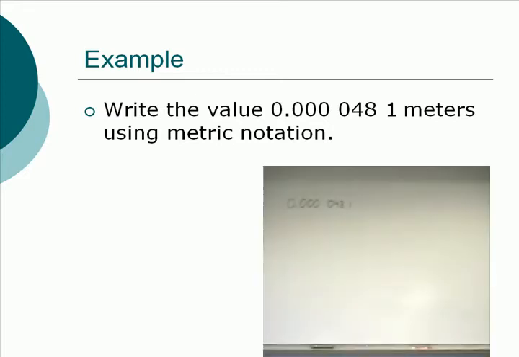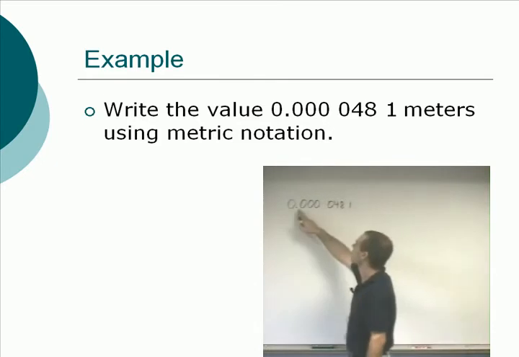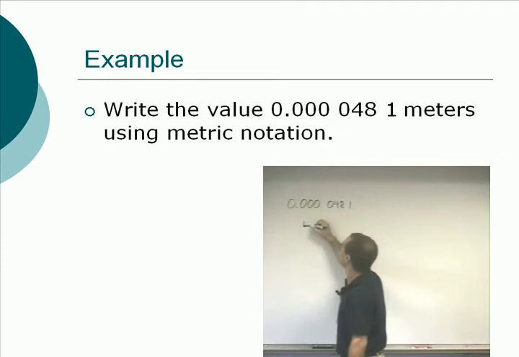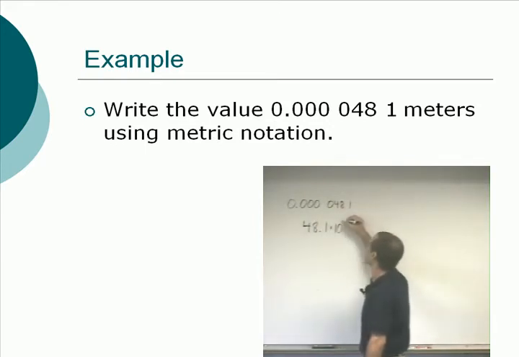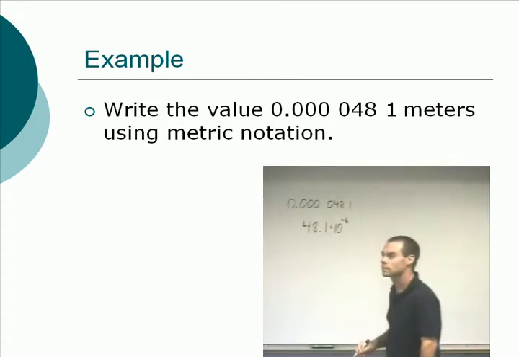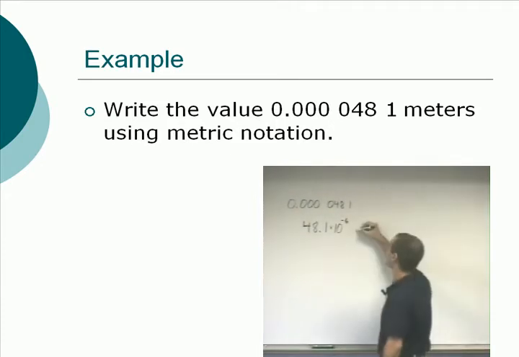The first form we have to change this to is engineering. Then we'll make the switch with the prefix. So if we put this in engineering notation, we move it 1, 2, 3, 4, 5, 6 places. This becomes 48.1 times 10 to the negative 6th meters.